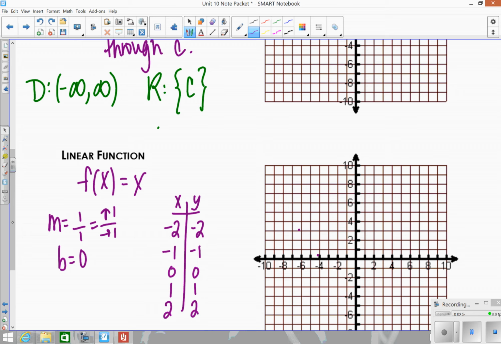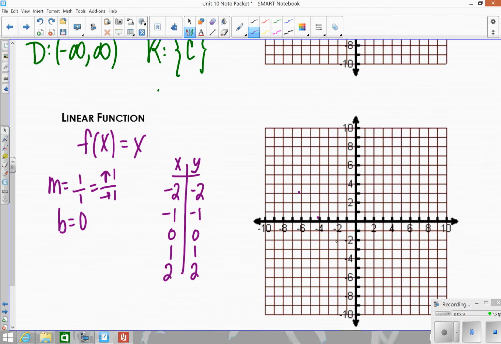So the graph of this is going to be -2, -2, -1, -1, 0, 0. The inputs and the outputs are all equal. So this is the line y equals x, the diagonal line that goes through the center from corner to corner if you have a square grid. So we can go ahead and get our arrows on there. So this is f of x equals x.